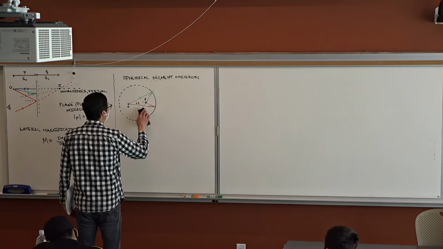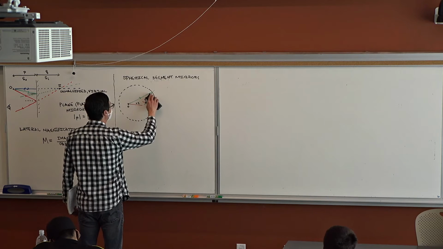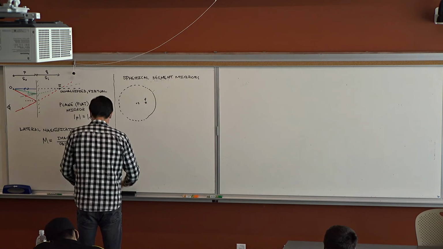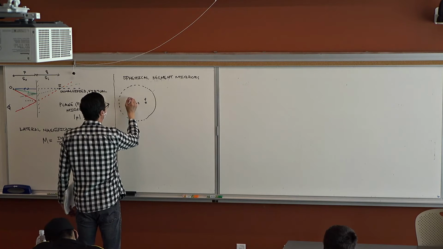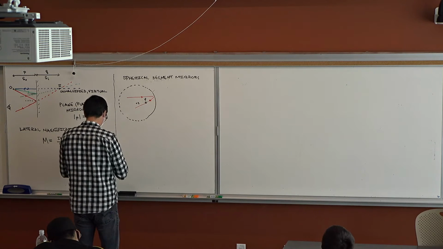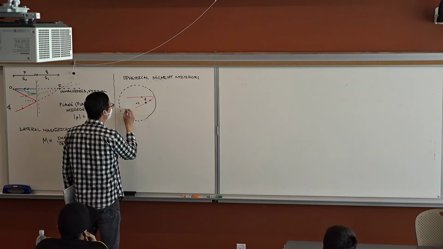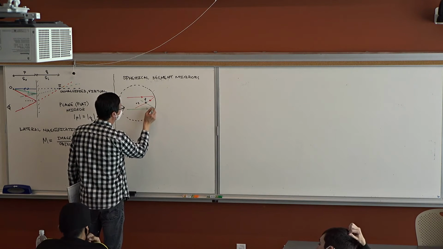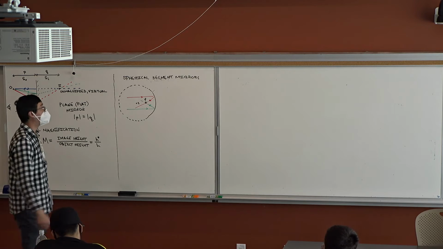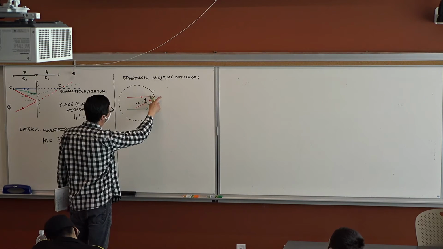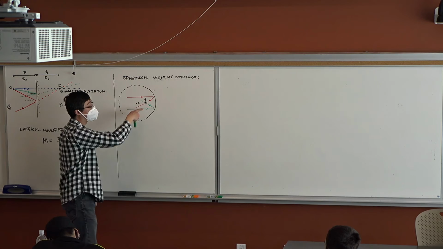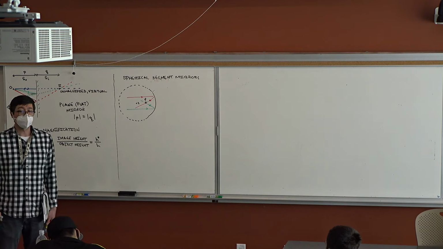So let's say that I'm going to define my focal point as the point that, for the concave mirror at least, paraxial rays are reflected through. And that's okay? All right.